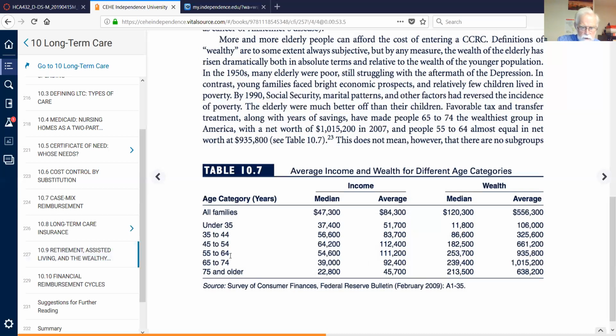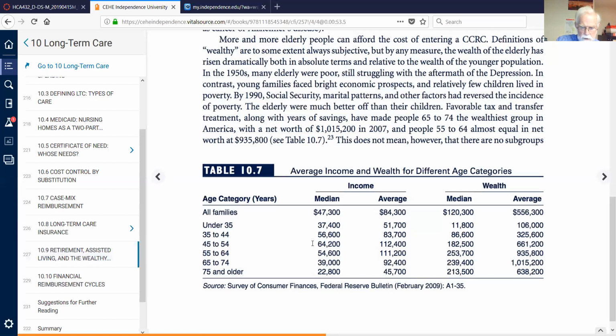But as we get above that, of course our salaries go down. Our median income goes down quite a bit because we're now retired, and we're now looking at our retirement income, which is often a fixed sum.